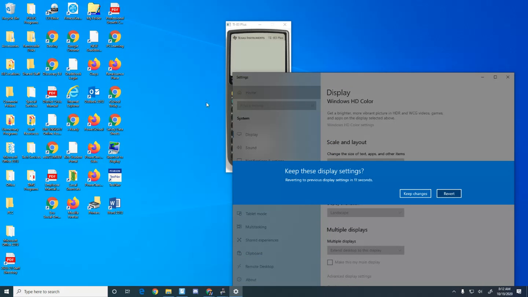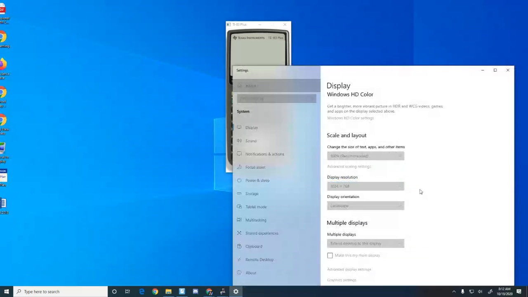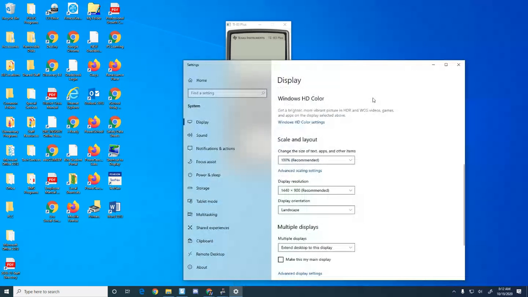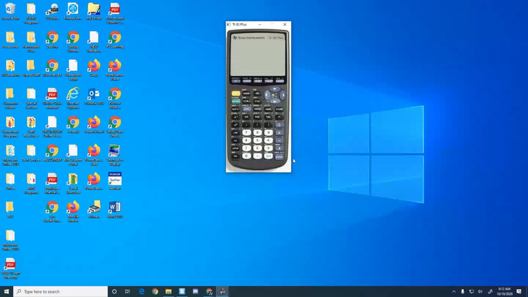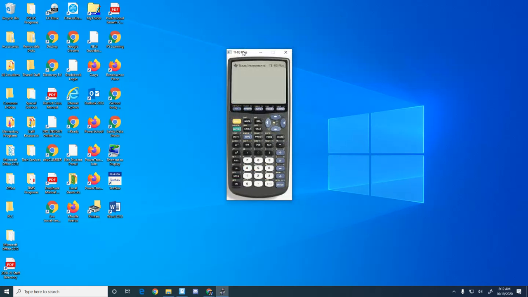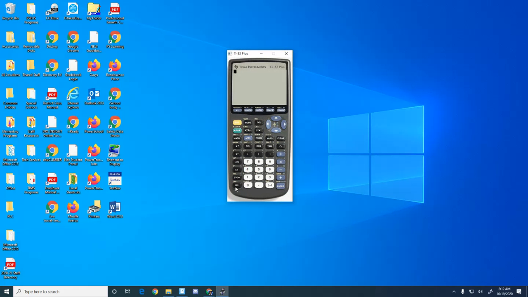No, not that window. Sorry, it's super tiny. Can you guys kind of see that? All right. I'll talk you through it.